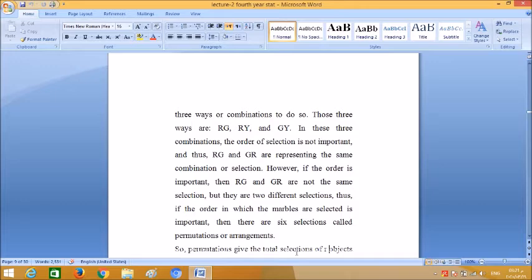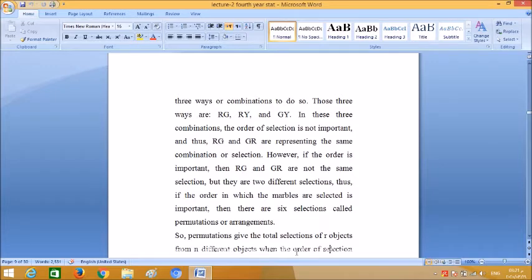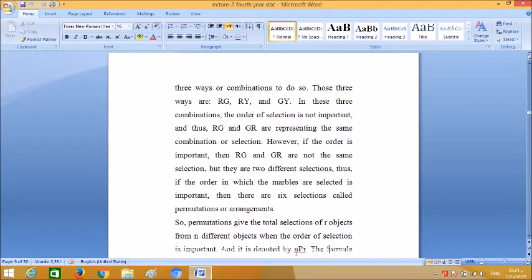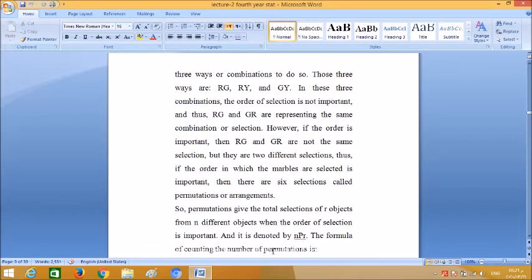So permutations give the total selection of r objects from n different objects when the order of selection is important, and it's denoted by nPr. It's also given as a key in your calculator, so you can compute nCr and nPr from the calculator.